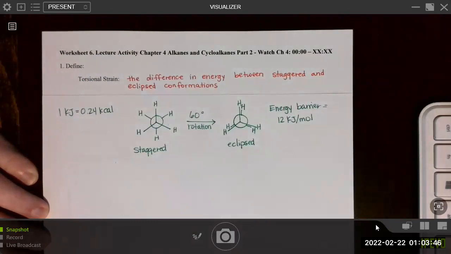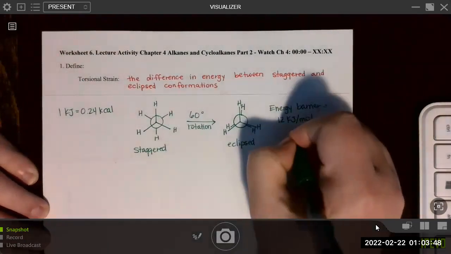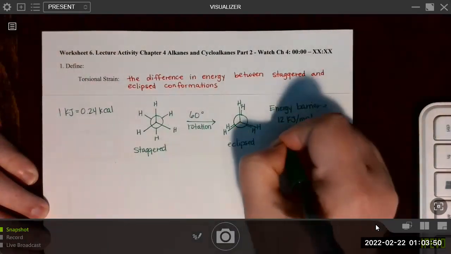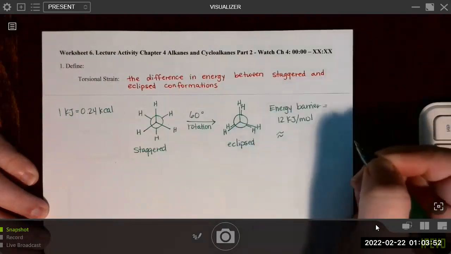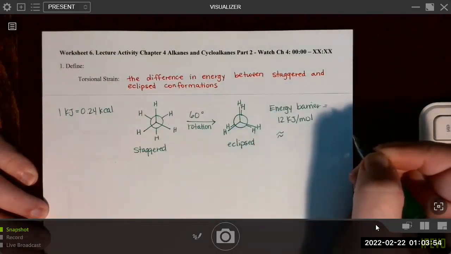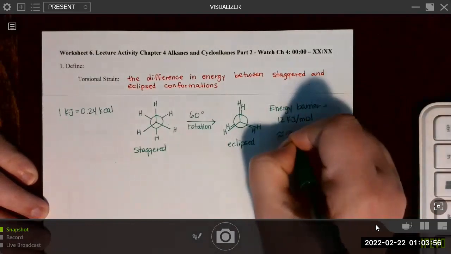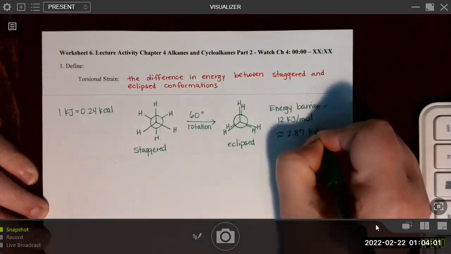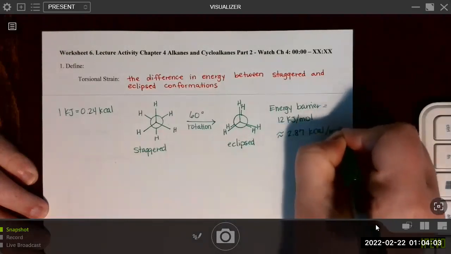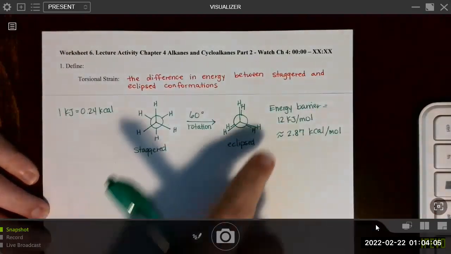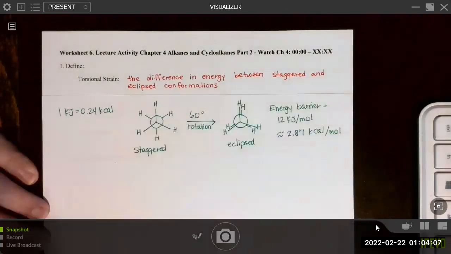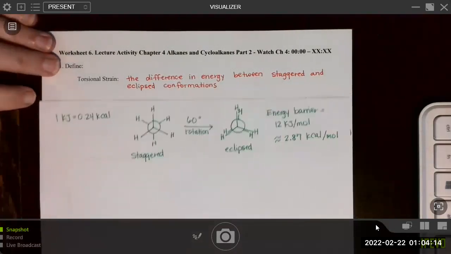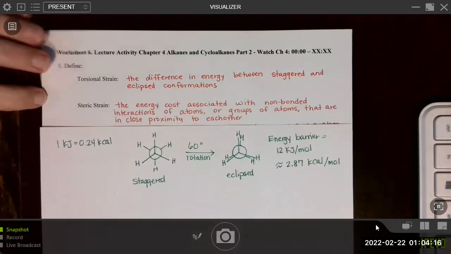So 12 kilojoules per mole would be approximately equal to about 2.87, or you might say approximately equal to 3 kilocalories. So that will be useful for when we are doing graphing, which is a little bit farther down on the activity.